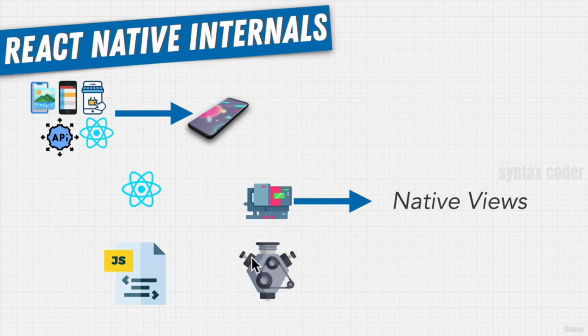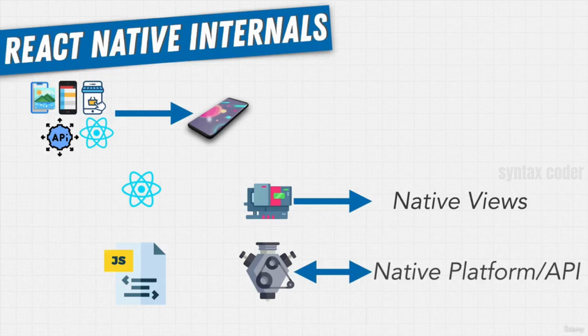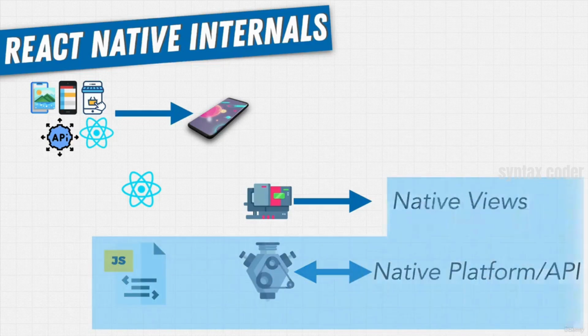So with React Native, the JavaScriptCore engine is used to read this logic, and then this JavaScript virtual machine communicates with the phone, with the native platform and API, to tell it what to do, what actions to perform. So when we ship React Native code to a phone, we are essentially shipping this entire part.